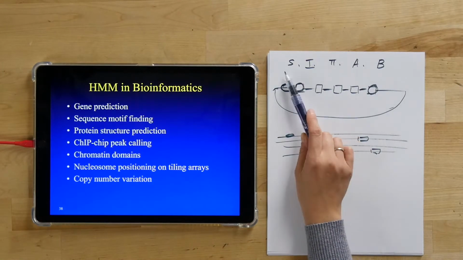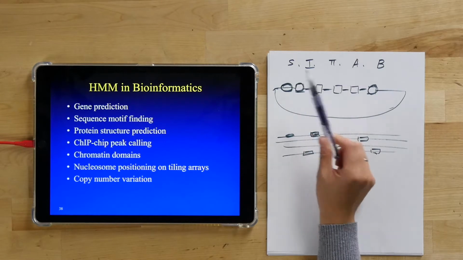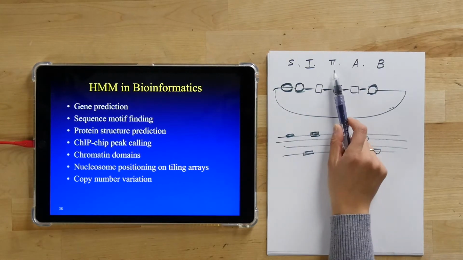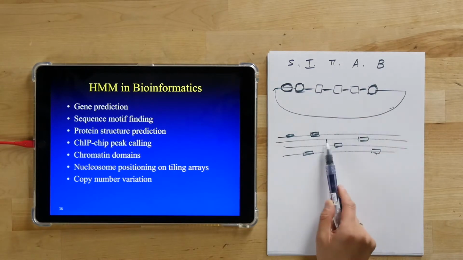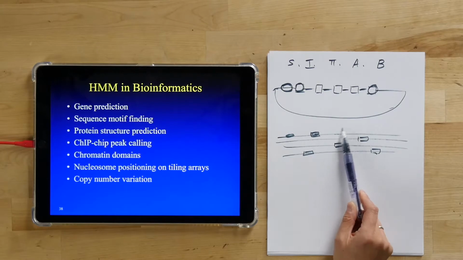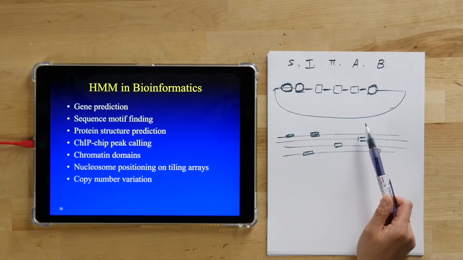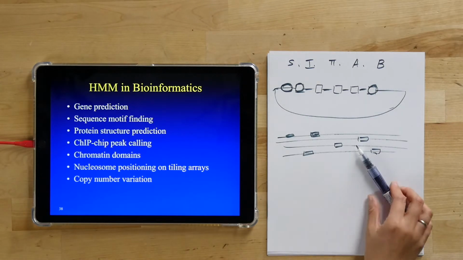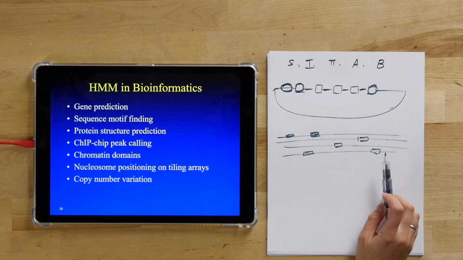So the state is either in the motif or not in the motif. The time is also a string of sequences. The pi is, how often do we see this motif? The transition is, from the motif to the next base, what is the chance you're still in the motif? And the emission probability is, what is the nucleotide sequence you see in the motif or outside the motif.